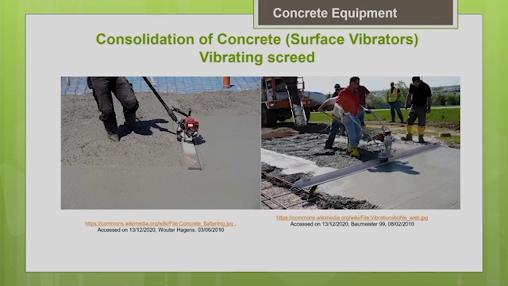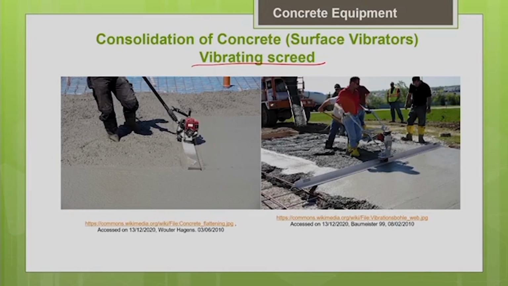Another type of surface vibrator is the screed type vibrator, the vibrating screed. Screeding refers to a finishing operation. In this vibrator, we do the finishing as well as the consolidation together. You can see in the picture it is doing the screeding job as well as the consolidation. Screeding just removes the excess layer of concrete on the top surface and levels it.